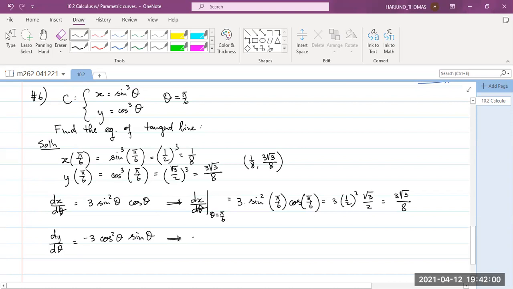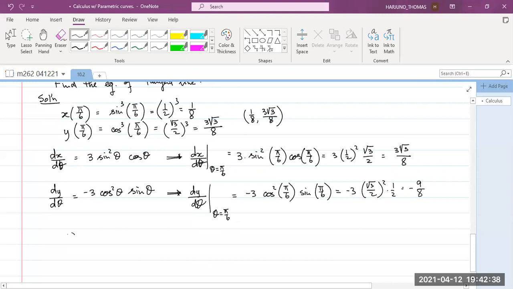So dy/d theta at theta equals pi over 6 is negative 3 cosine squared pi over 6 sine pi over 6. That's negative 9 over 8.